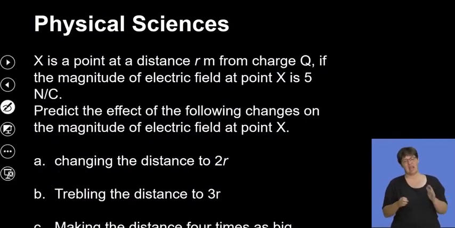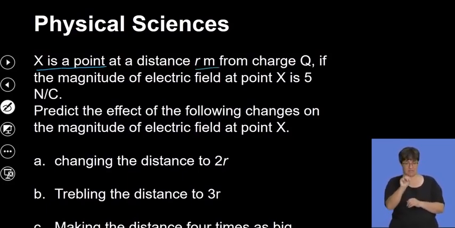Now, say for argument's sake, X is a point. So X is not a charge, it's a point. It's very important to make that distinction. It is at a distance r meters from the charge Q. So we've got charge Q, and a point X, which is a distance r from the charge Q that creates the field.